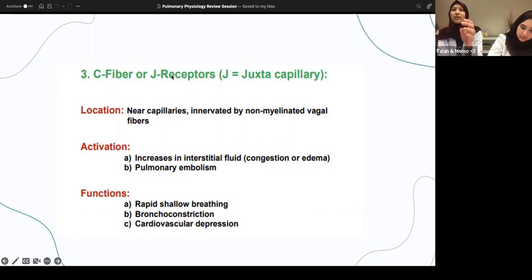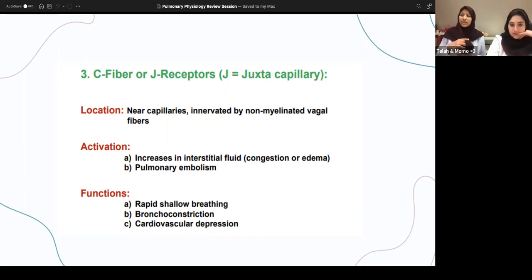It's important to differentiate between all three. C fiber or J receptors are activated by pulmonary embolism, and they result in rapid shallow breathing, which does happen in pulmonary embolism.